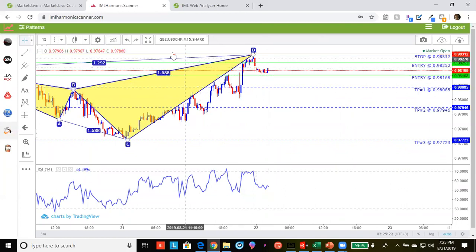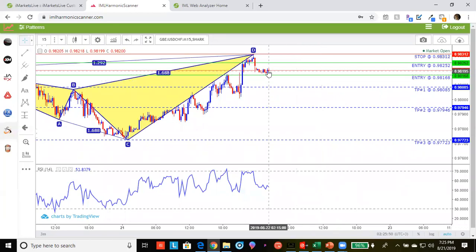This one is USD CHF, and this is a 15-minute chart. We're looking for this to go into a sell. We can see that it's about to go through the second entry right here, the thin green line. But for the sake of the example tonight, we're trying to do market execution so you guys can see the market moving.